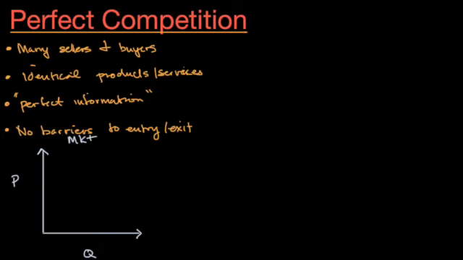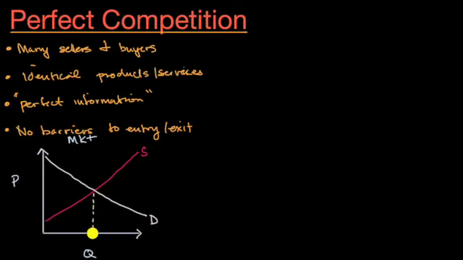And so we've seen this multiple times in our economics journey, that you have an upward sloping supply curve. And once again, this is for the entire market. Let me do this in a different color. So you have an upward sloping supply curve like that. And you would have a downward sloping demand curve like that. And we know what the equilibrium price and quantity would be for the market.